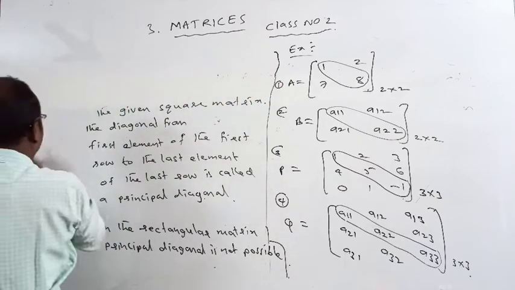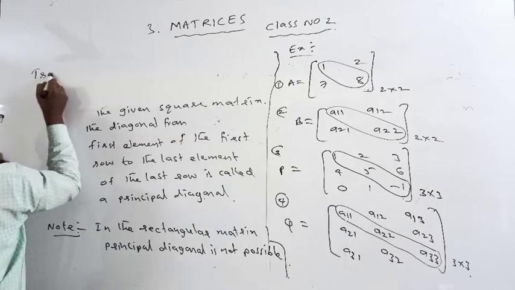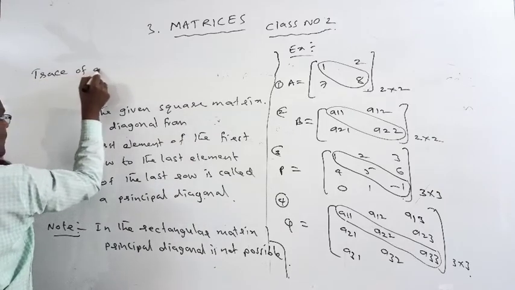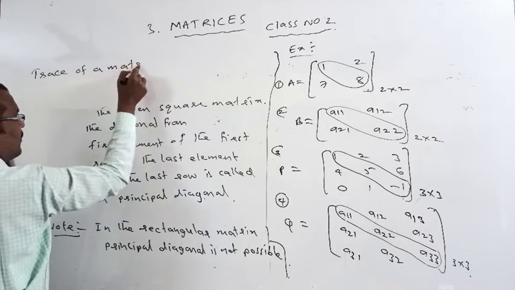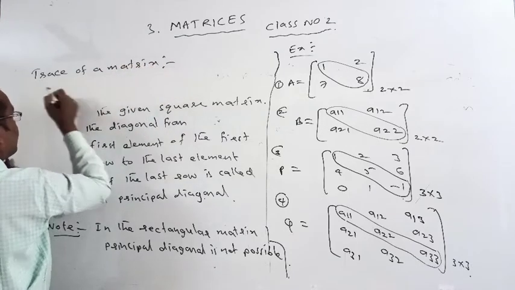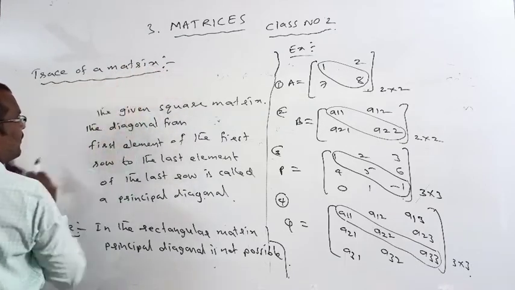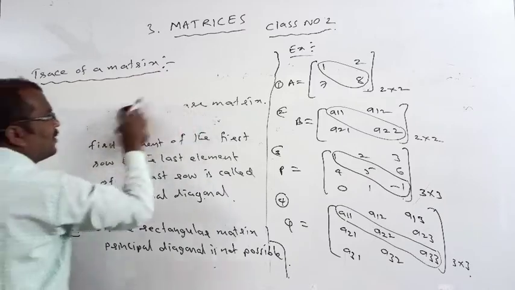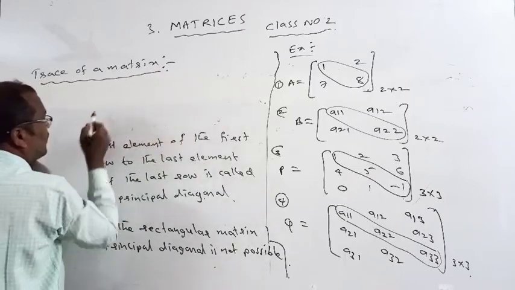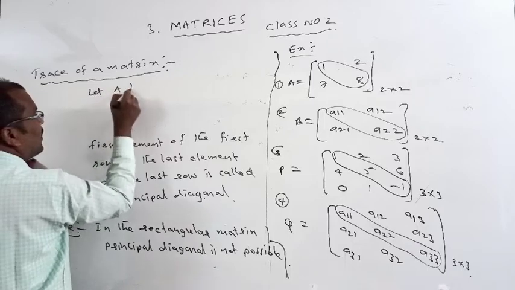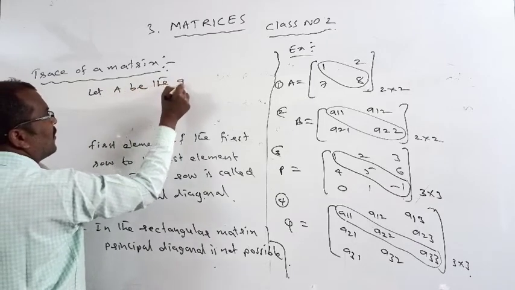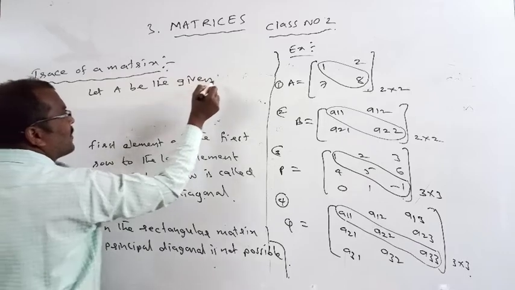Next identity is trace of a matrix. Let capital A be the given square matrix.